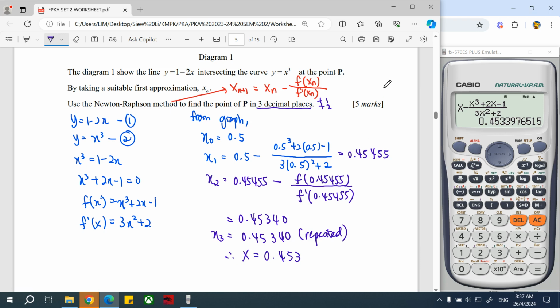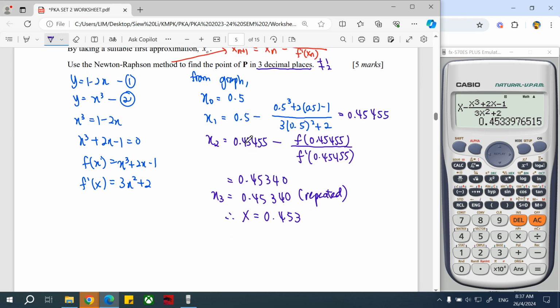is 0.453. So what you need to find is not only the x coordinate from this non-linear equation, but the point, meaning including the y coordinate. After finding your x coordinate, we substitute into either one equation. Let's say into equation 2 to find the y coordinate.